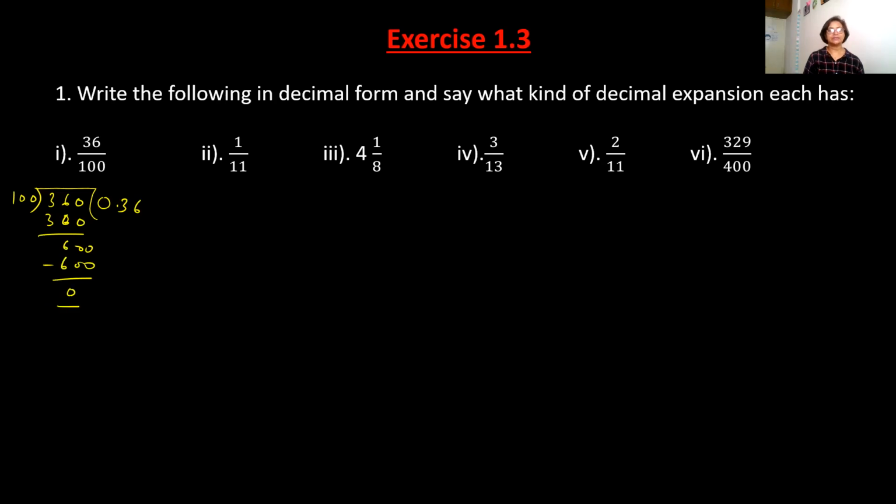So you are getting remainder 0 here. That means the expanded form of 36 upon 100 is 0.36. And which kind of number is it? It is a terminating number. Right? So the answer of this question is this and this.